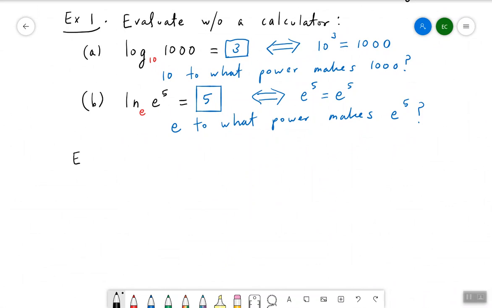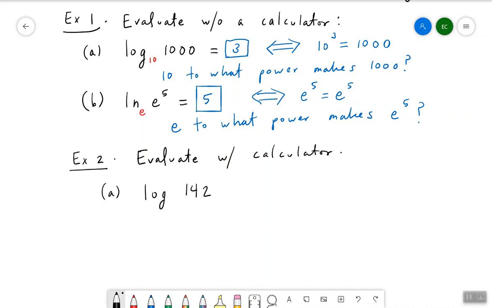So in example 2, we could evaluate these expressions with a calculator. We'll do the common log of 142, and then we'll do the natural log of a half, or 0.5.